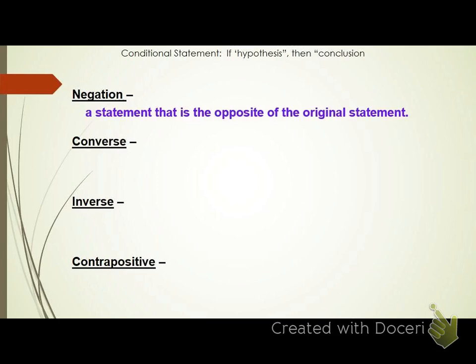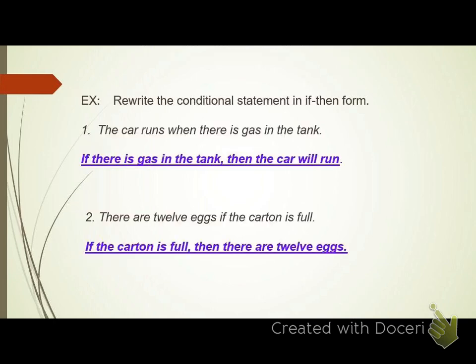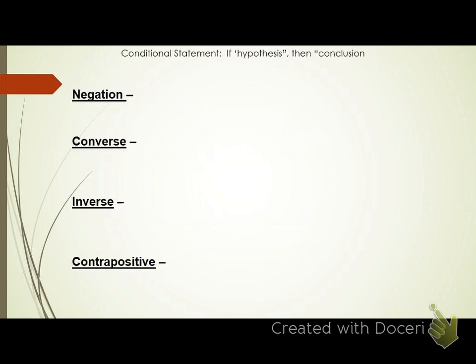The negation of a statement is a statement that is the opposite of the original statement, right? We can go back to this. If the carton is full, the negation of that hypothesis would be, if the carton is not full. So basically using the word not to create the opposite.